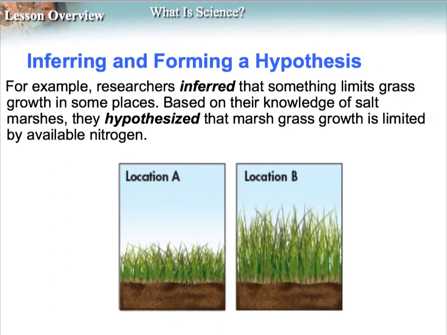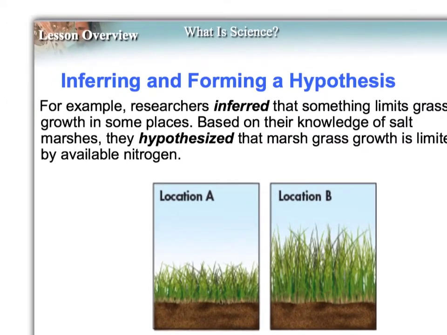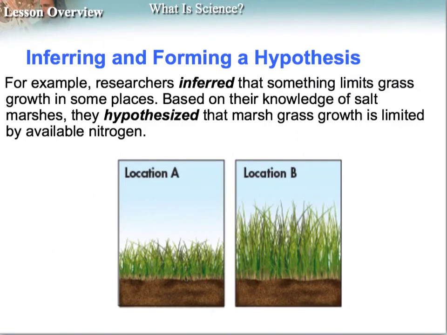So again, for example, researchers inferred that something limits grass growth in some places. So that would be location A. So something is limiting how tall this grass can grow in location A, whereas in location B, nothing is limiting the grass growth because the grass is growing nice and tall.